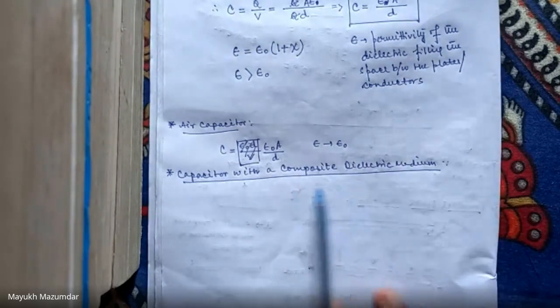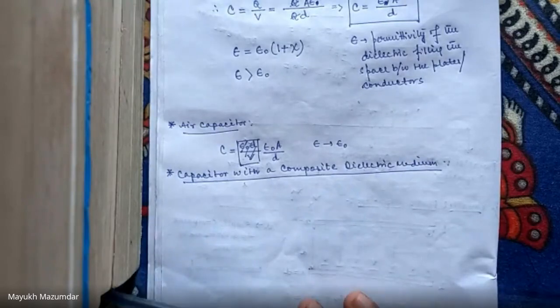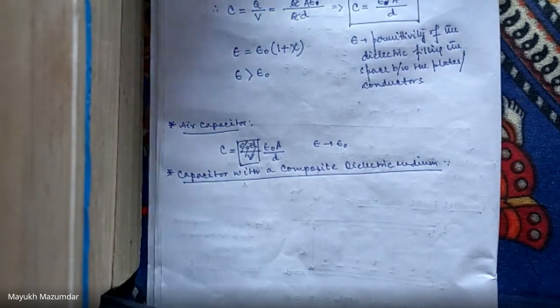What about this thing? What can this probably be? Maybe different permittivities.